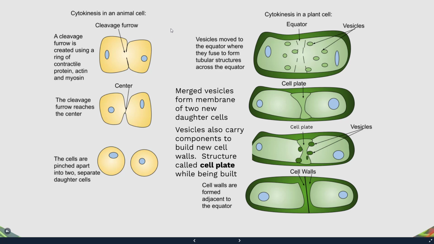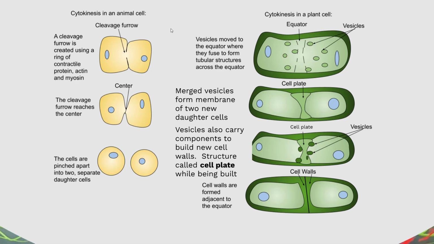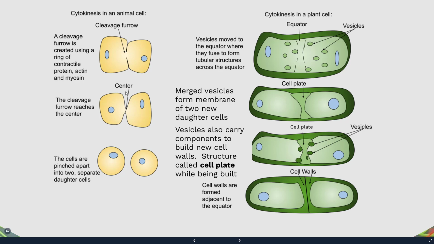And that belt of microfilaments begins to constrict or tighten, causing the cell to pinch in half. While the cell is being pinched in half, the little waist or the dip is called the cleavage furrow. And so the cleavage furrow gets deeper and deeper until it completely pinches the cell in half during cytokinesis.